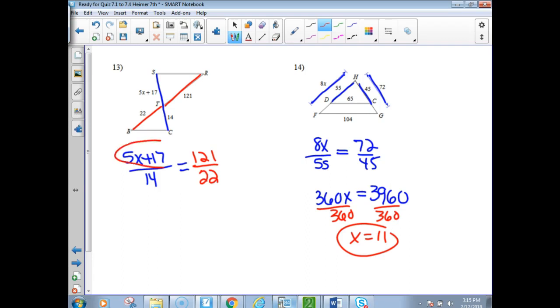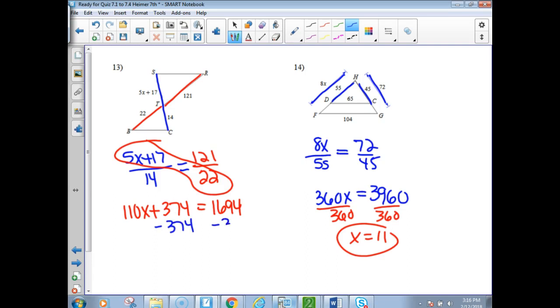All right. Cross products. 5 times 22 is 110, right? 110x plus 17 times 22. Someone calculate that for your teacher. What's that? 374. And then 14 times 21. Subtract 374.